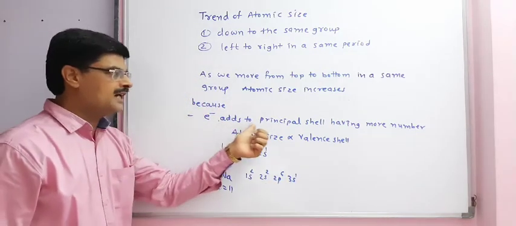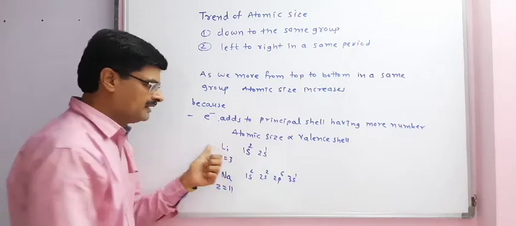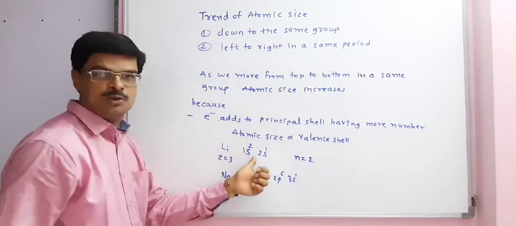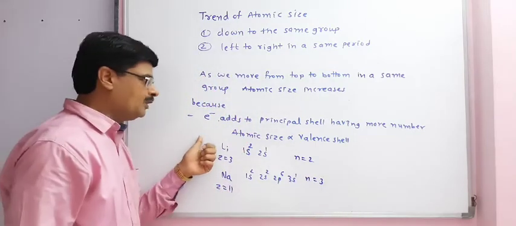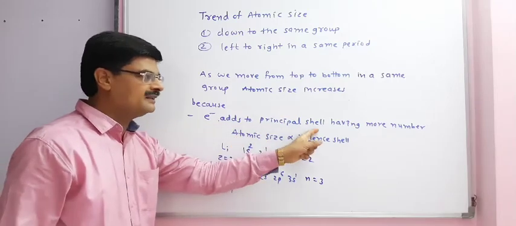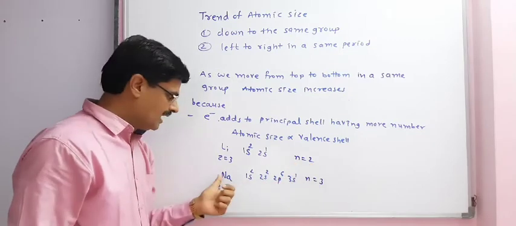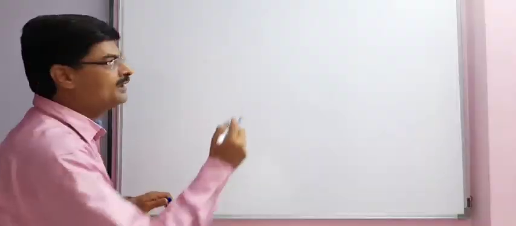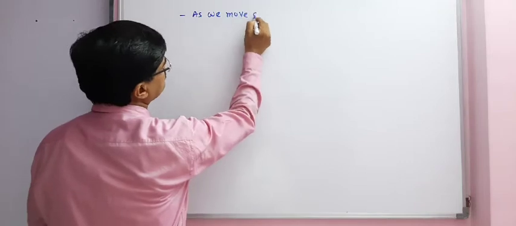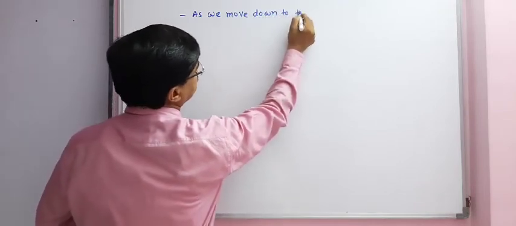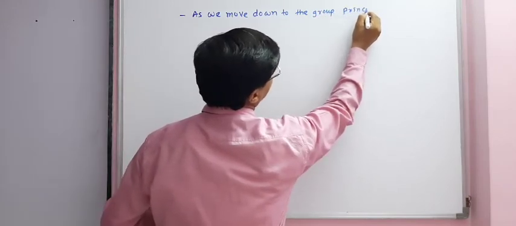So here the electron is added to a principal shell having a higher number. For lithium the principal quantum number n is equal to 2, but for sodium n is equal to 3. As we move down the group, the principal quantum number increases.